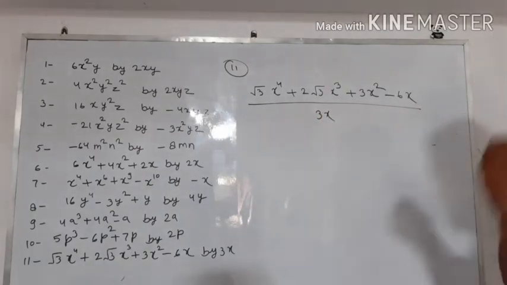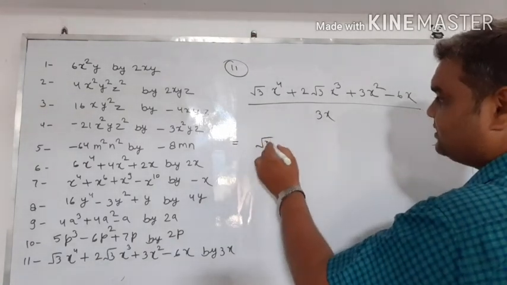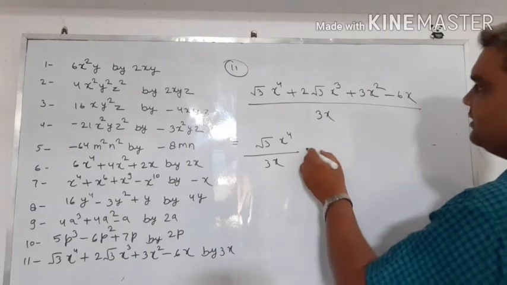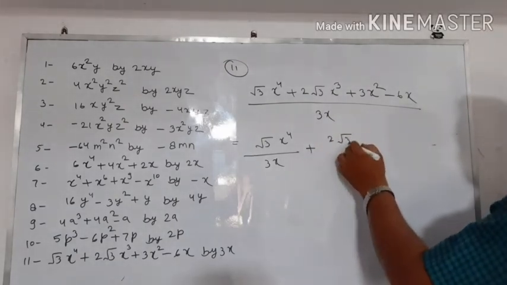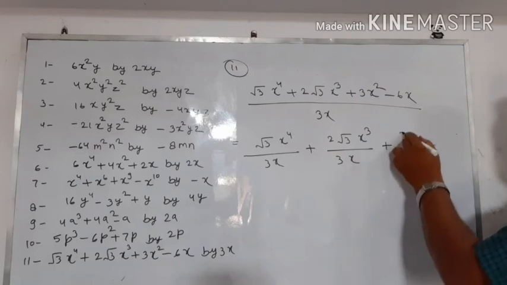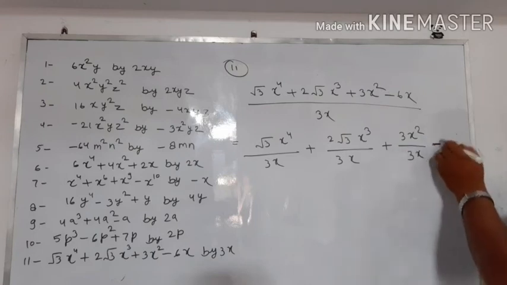Let's see how we can do. We will separate each term: under root 3x to the power 4 upon 3x plus 2 under root 3x cube upon 3x plus 3x square upon 3x minus 6x upon 3x.